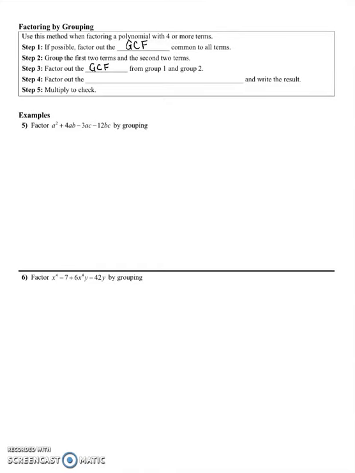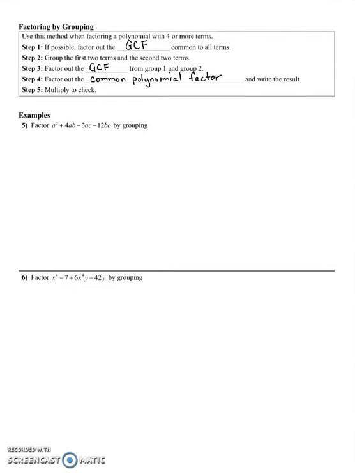Then you factor out the common polynomial factor, and we'll talk about what that means in a minute. And then, of course, you can multiply to check if you want to.